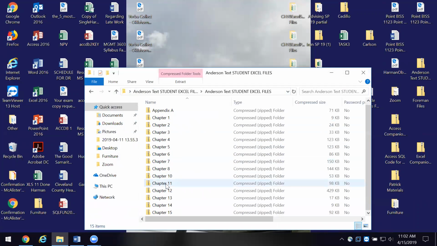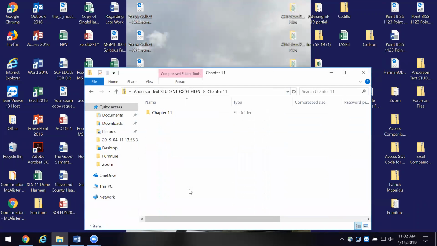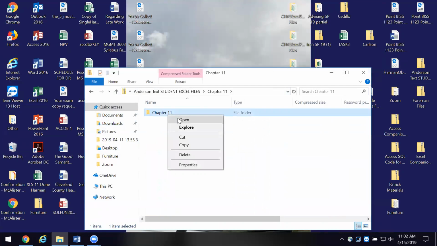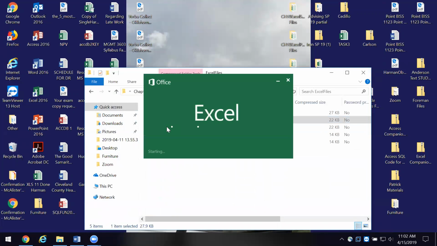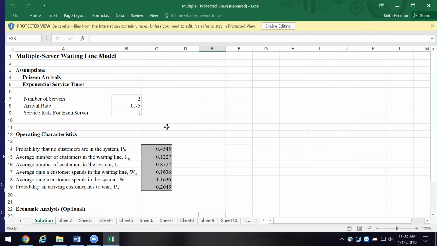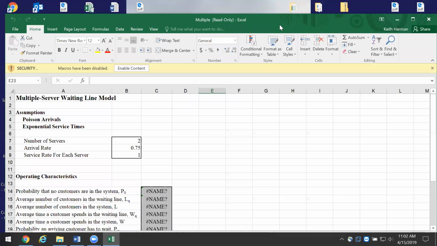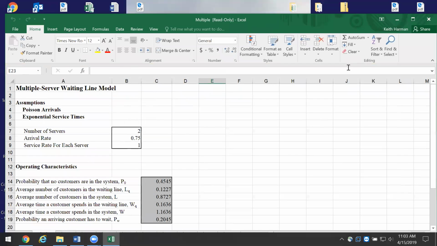All right, let's go to chapter 11, and I'm just going to open it up. I'm going to go ahead and enable editing, and we have a security prompt. We're good there.